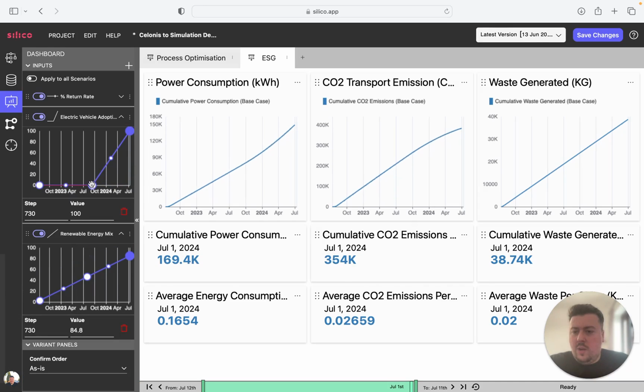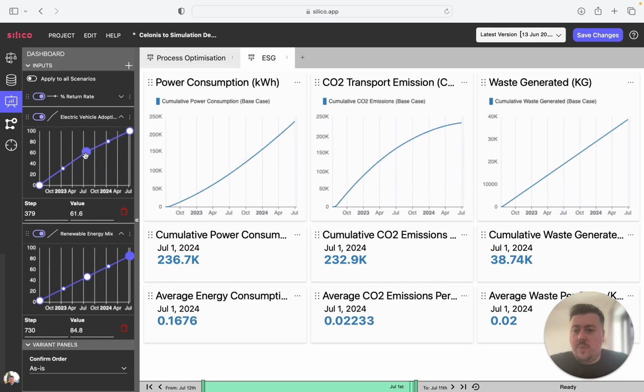We're going to try and steadily go for 100% renewable energy and 100% electric vehicles over the next year and a half. So you can see that drastically reduces our carbon emissions. However, it's noted that we do have an increase in our cumulative power consumption due to the fact that we'll be charging these electric vehicles within our organisation. Our power consumption has increased.